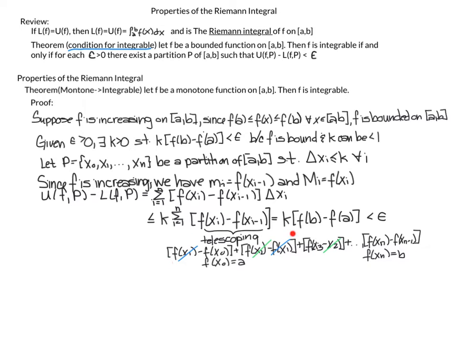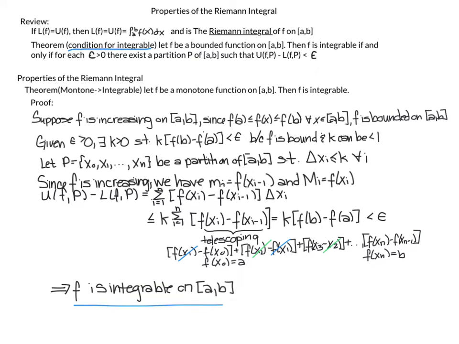This x1 will cancel with this x1, this x2 cancels with this x2, etc. So the first term cancels with the second term of the next, and what is left at the very end is f of x0, which is equal to f of a, because that's the way partitions are formed, x0 is equal to a, and then f of xn is f of b.